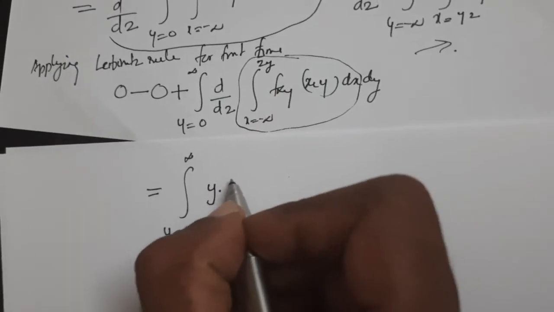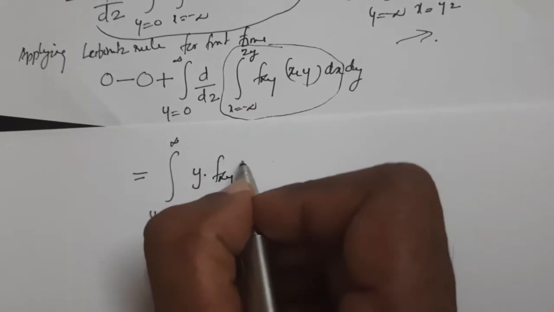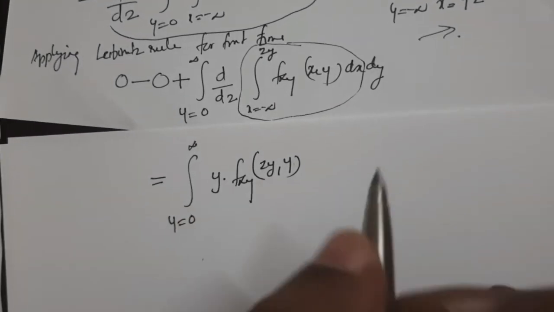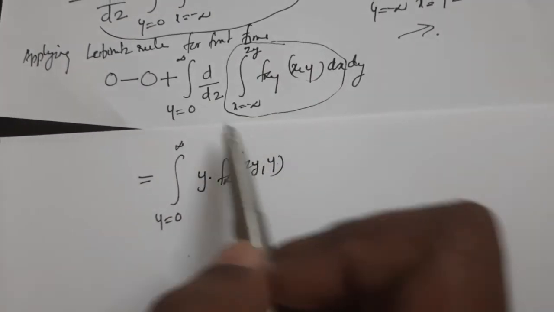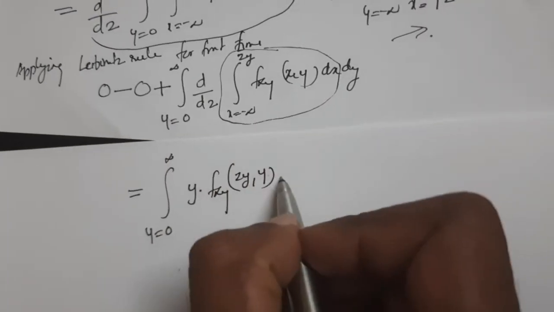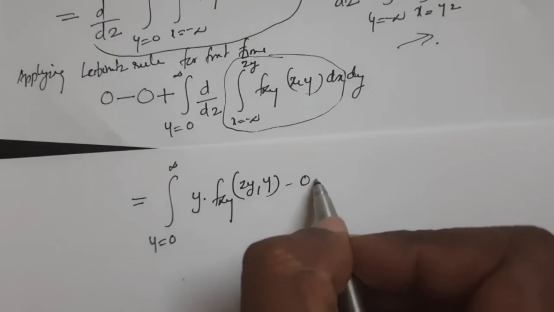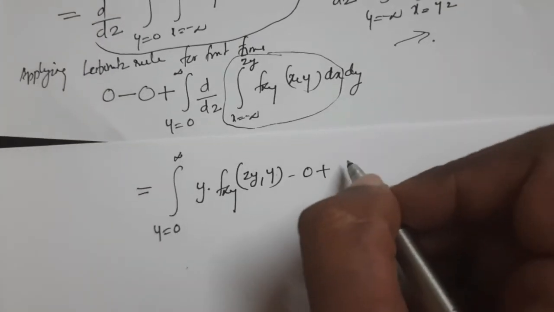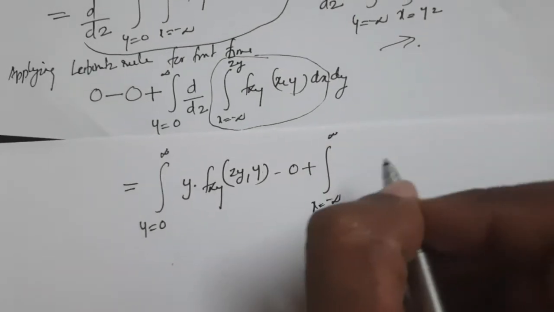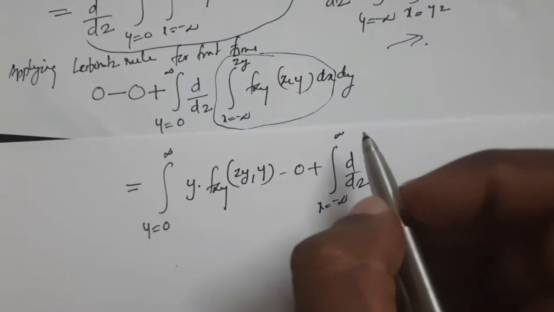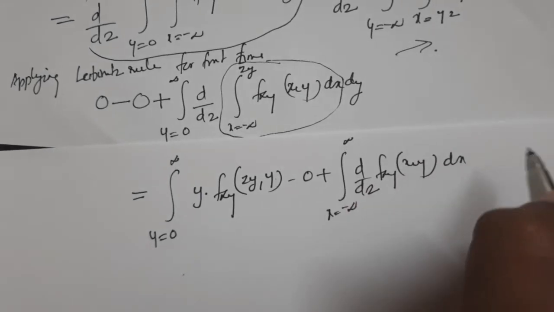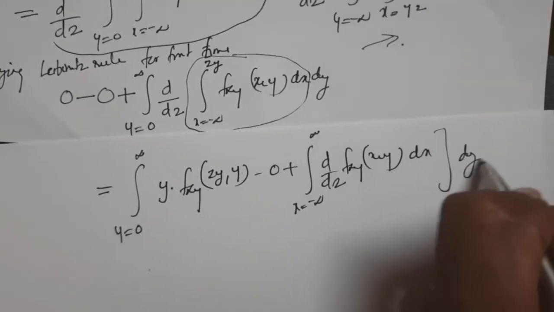This will be fxy(zy, y), minus d by dz of the lower limit, that is 0, minus 0, plus the integral of x equal to minus infinity to plus infinity of d by dz of fxy(x,y) dx dy.